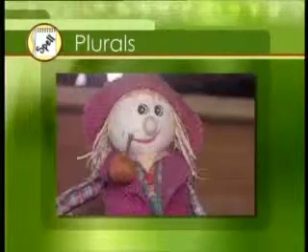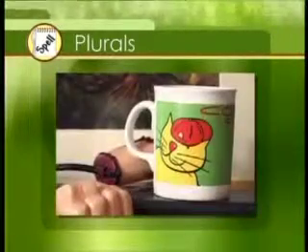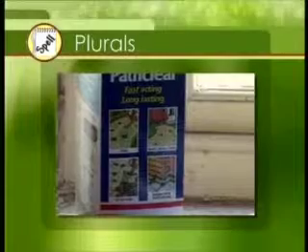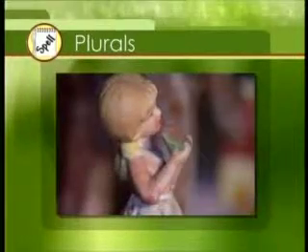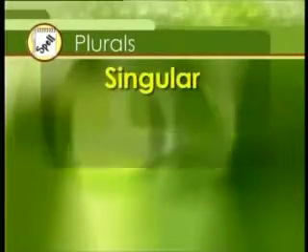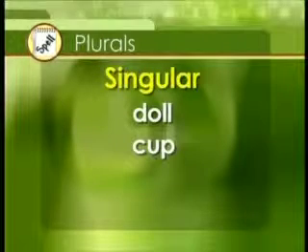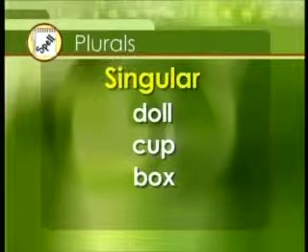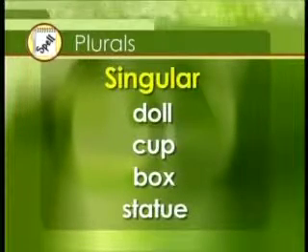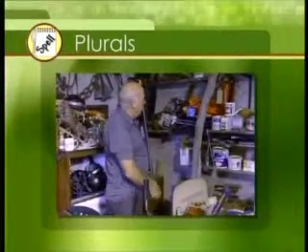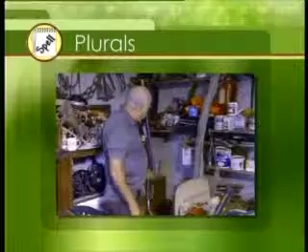You can see 1 doll, 1 cup, 1 box, and 1 musical statue. The words doll, cup, box, and statue are singular nouns. If you look around the shed, you can see that Paddy has more than one of some items.